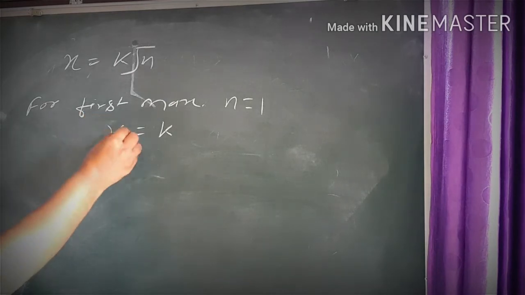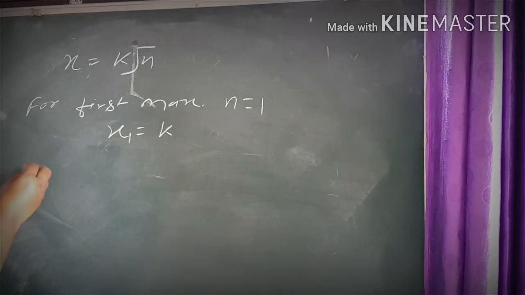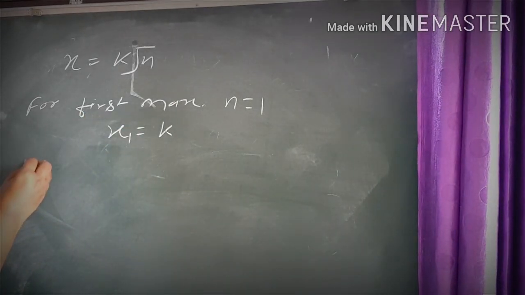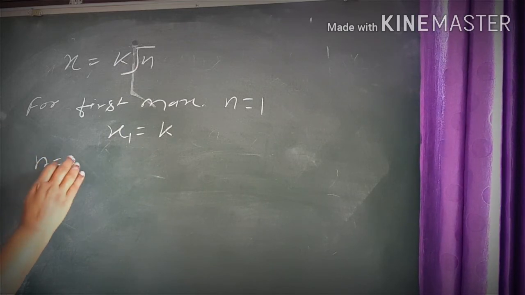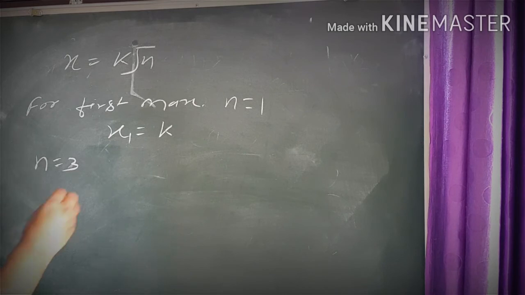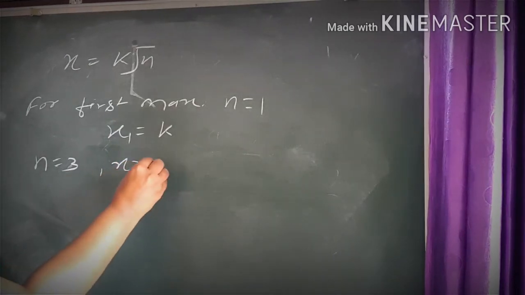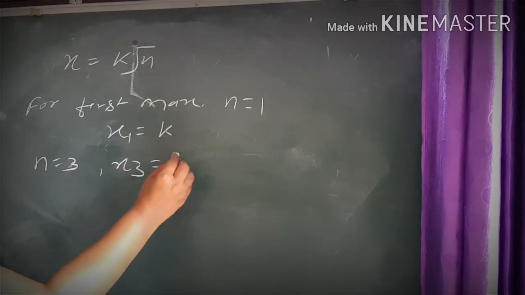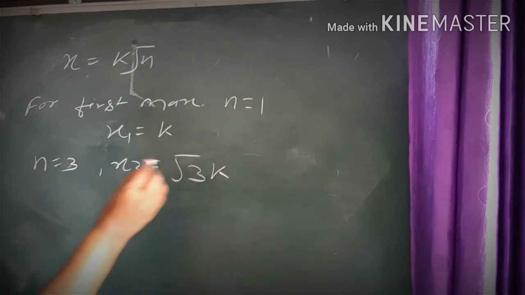That is x1, the first maxima. For the second maxima, n is equal to 3 (n is equal to 2 is minima), then x3 is equal to square root of 3 k.